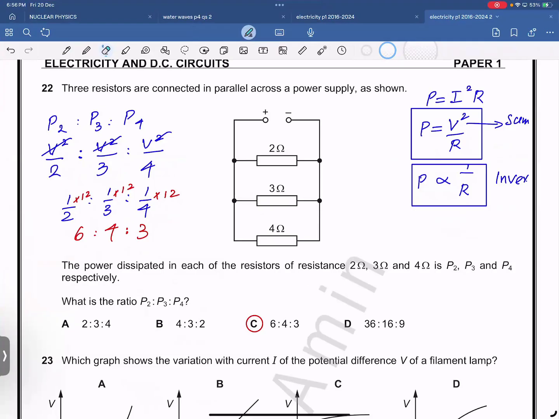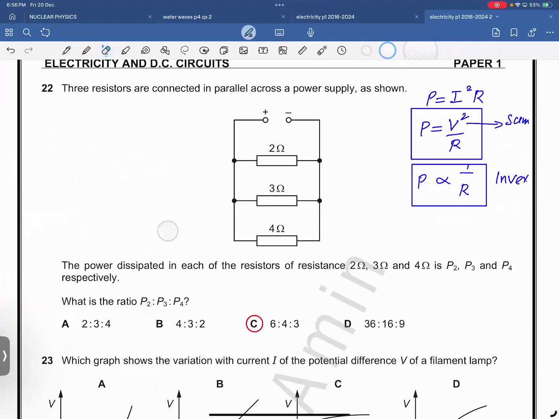Once again. You need the ratio of power 2, power 3, power 4. Power is inversely proportional to resistance, so 1 over resistance 2, 1 over resistance 3, 1 over resistance 4. Now, how do you simplify the ratios? You can multiply them by their common multiple.